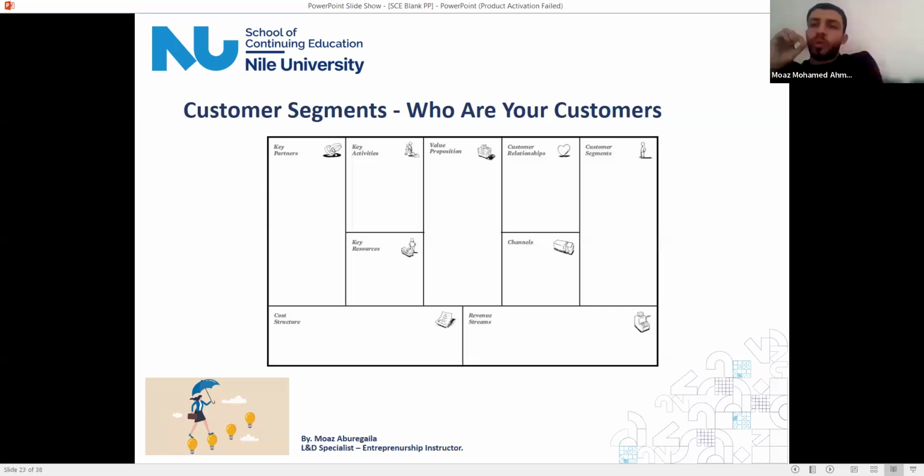So you're going to target a specific segment or specific segments of people or organizations your business aims to serve, so that you'll be able to tailor your product to their needs. So what are examples of customer segments?